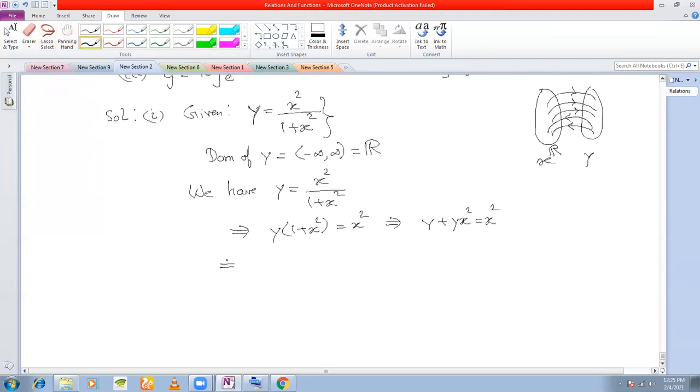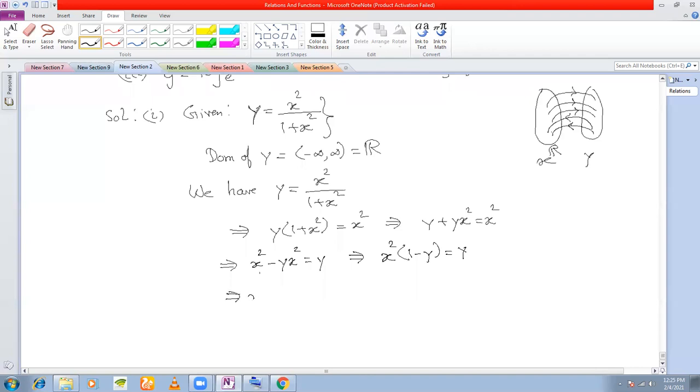That means you take everything on one side, so you get yx square minus x square is equal to... let's write it the other way around so that x is positive. So we'll write x square minus yx square is equal to y. Now you can take x square common, you get x square times 1 minus y is equal to y.